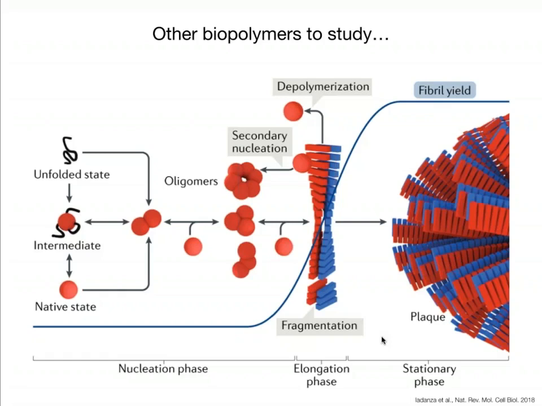And here it would be extremely helpful if one had a technique that is able to characterize the early nucleation steps, because these early nucleating oligomers are a valuable and preferred target for developing drugs that prevent the formation of these amyloid fibrils that cause the diseases.